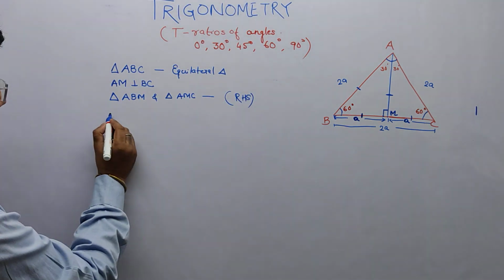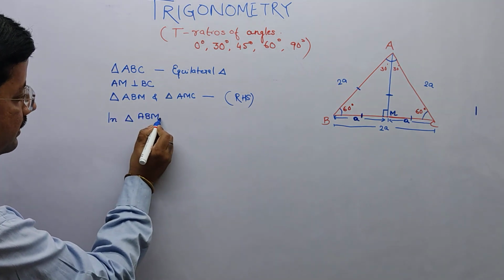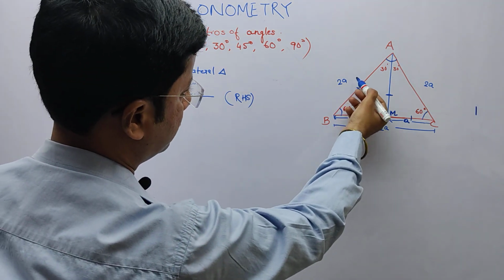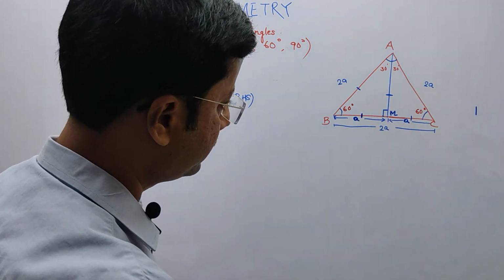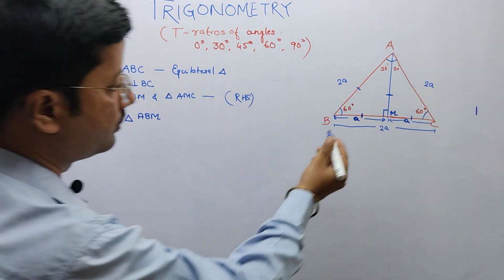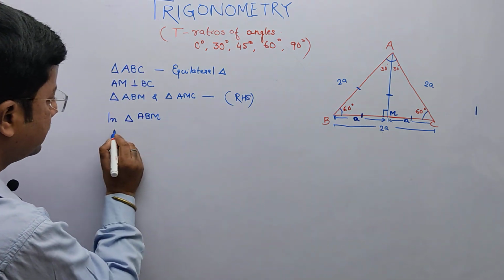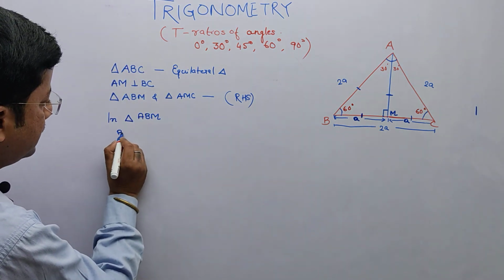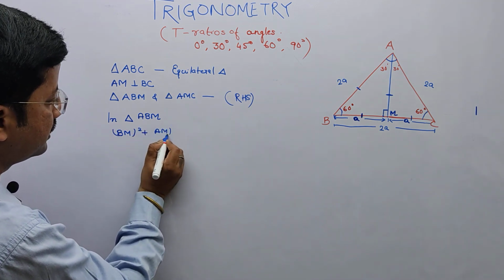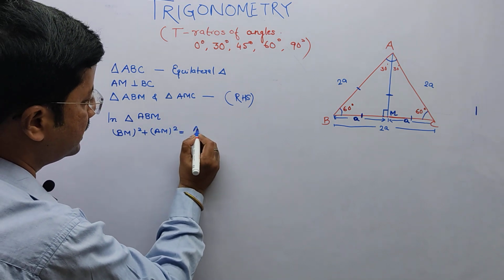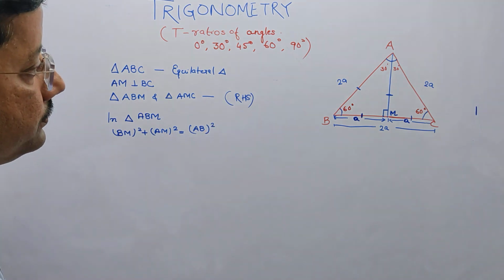Now see, in triangle ABM, this side is given 2A, this we have got A. By proving both the triangles congruent, we have proved that these two sides are equal. So this is A. We need to find out AM. So AM we can write here, this is a right angle triangle, so BM square plus AM square equals to AB square, right.